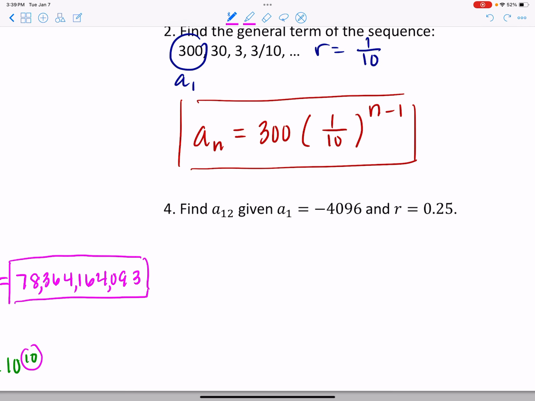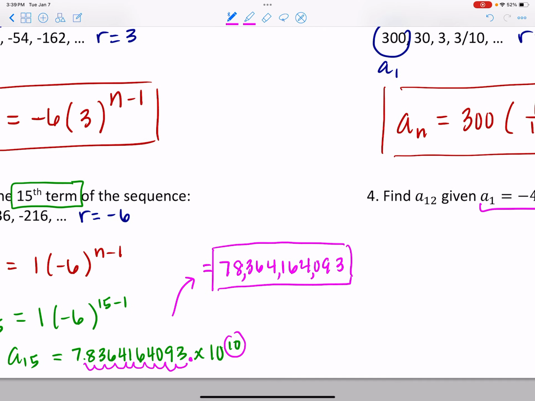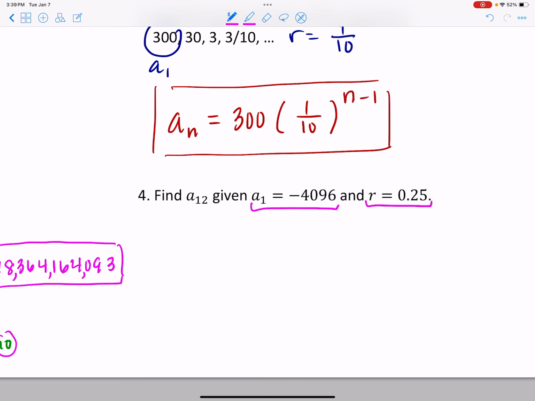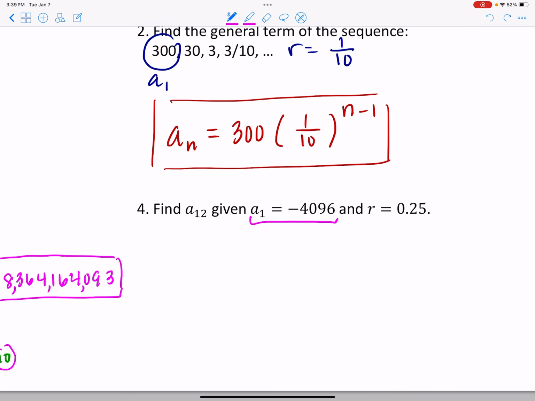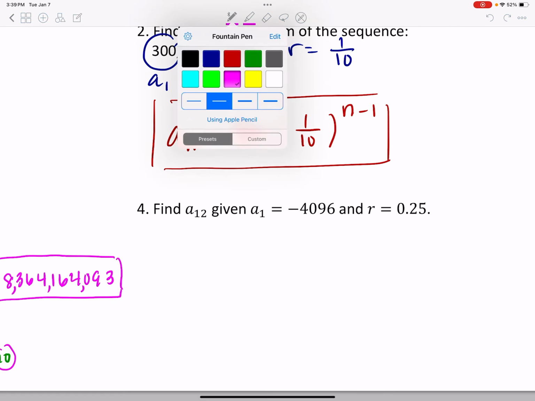Where it says find a sub 12, that means the 12th term. They're telling us where our list starts, and then we're multiplying by 0.25. So instead of multiplying by 6 and making those numbers get bigger, we're multiplying by 0.25, which is 1/4. That's dividing by 4. Our number should be getting smaller. So let's write our formula first.